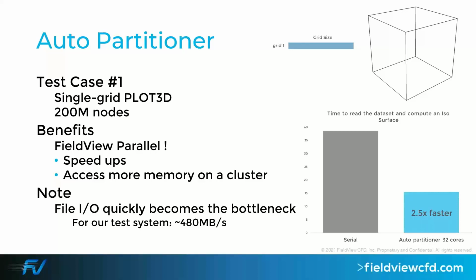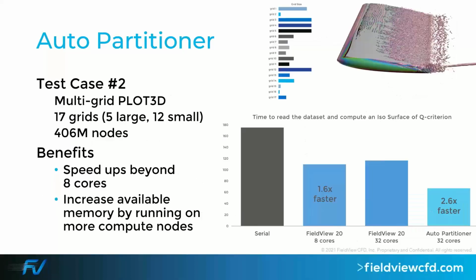Moving on to a second real-life case. Now we are looking at a case where we have 17 blocks. So you can see from the chart over here that just 5 of them have the majority of the nodes. And again, this is just coming from the mesh topology.